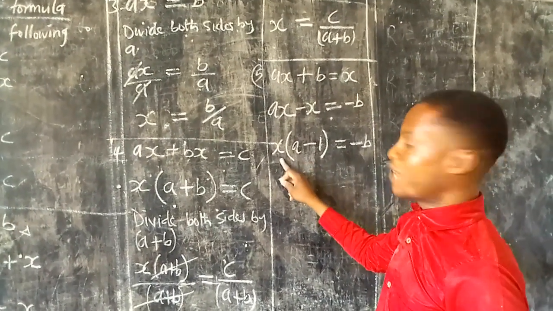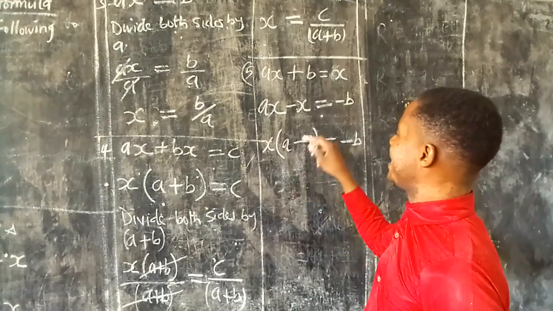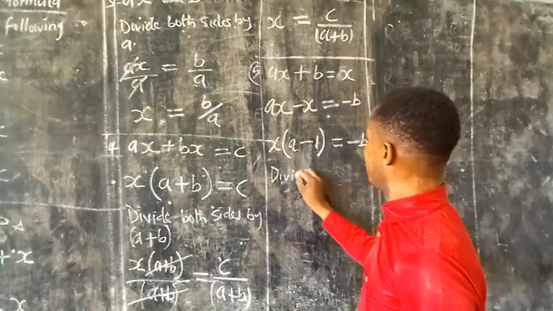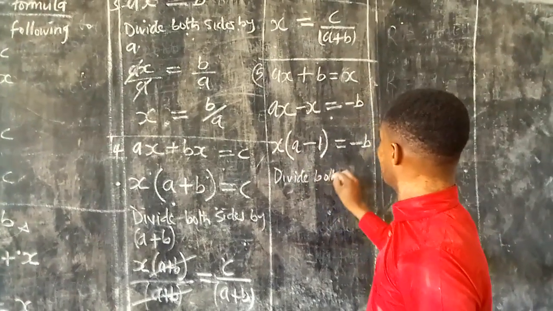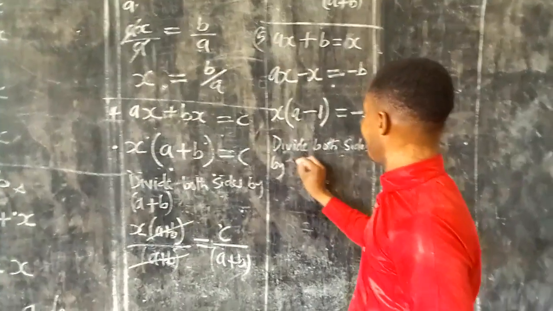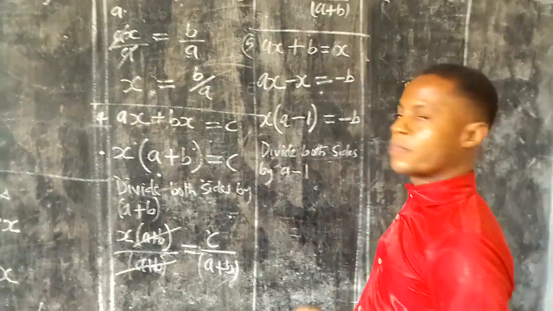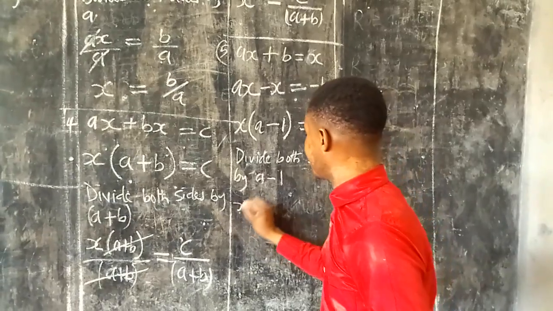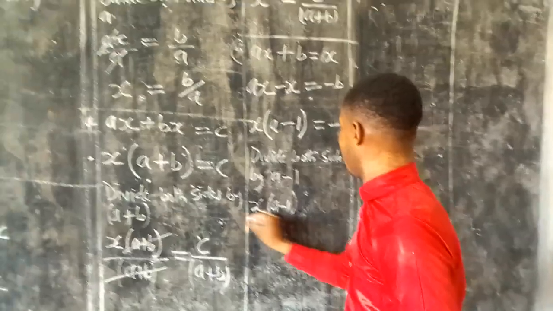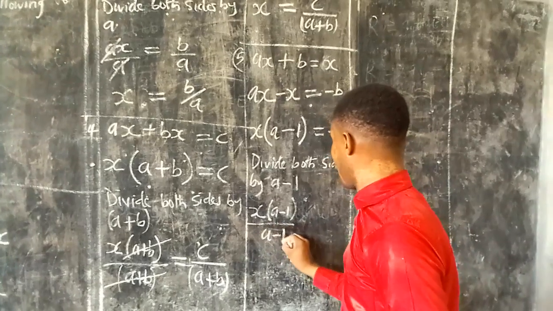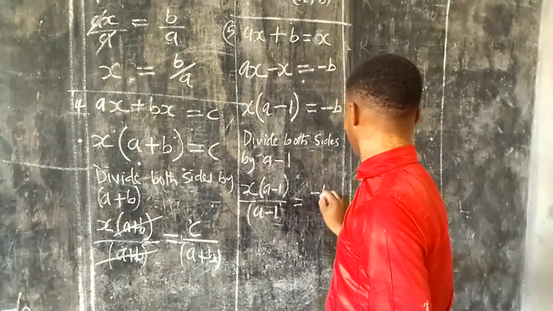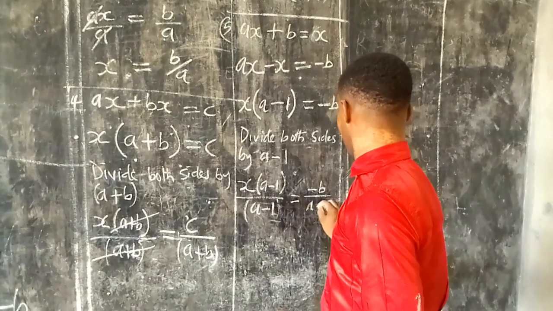For x to stand on its own, we divide both sides by a minus 1. So we say divide both sides by a minus 1. By that you have x bracket a minus 1 all over a minus 1 equals minus b all over a minus 1.